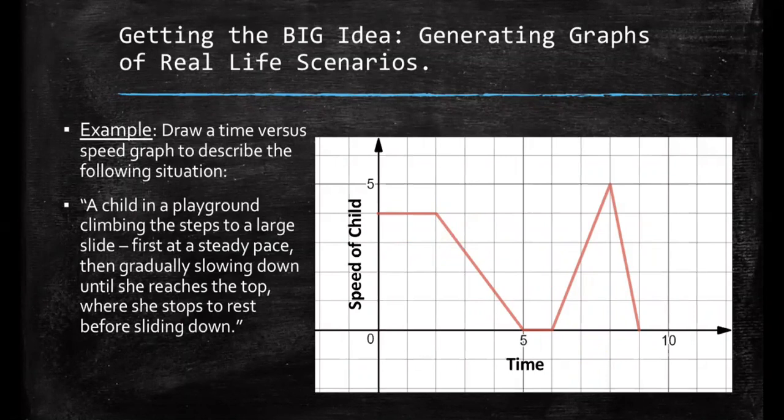Certainly this first decrease, as I'm just slowing down as I'm walking up the stairs, should be slower than when I come to a stop at the end of the slide. And my steepness going down the slide, I'm probably going to go faster than when I was walking, right? As I go down the slide, I go pretty fast. We always get a rush from going down the slide typically, right? So that was a much steeper line than my decrease over here, okay?